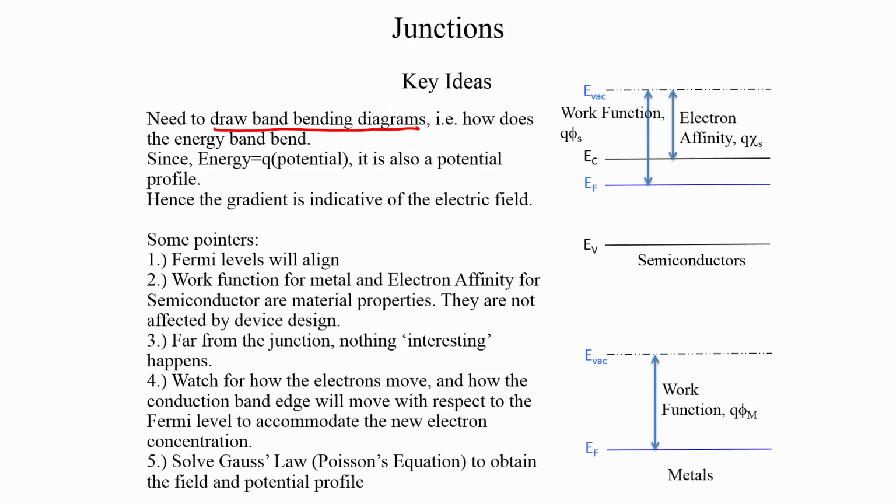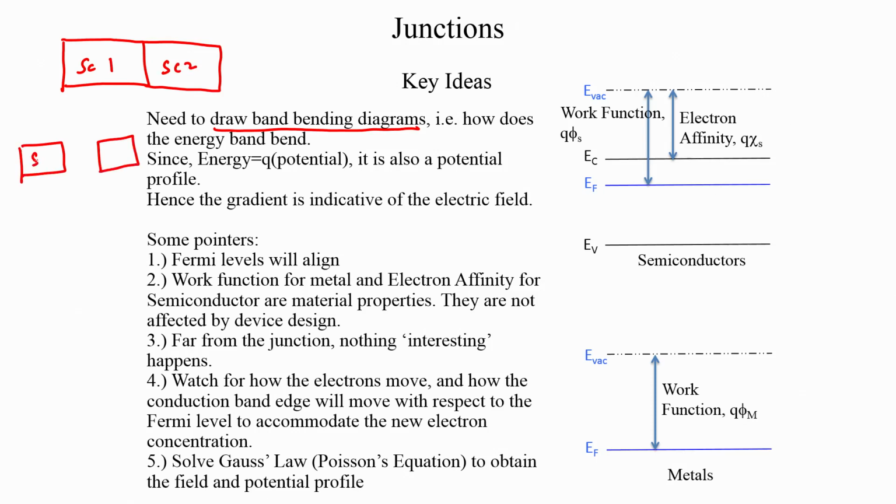So let us say we are trying to create a junction between semiconductor 1 and semiconductor 2. We have these two semiconductors separately initially. We know how they behave in thermal equilibrium, how they behave if we throw light on them, and how they behave if you establish a current or a voltage across them.